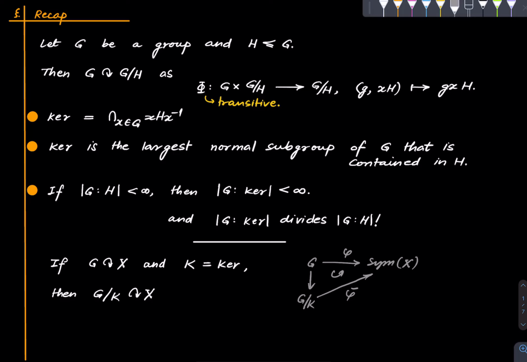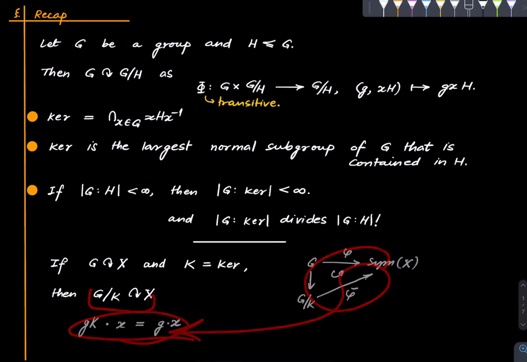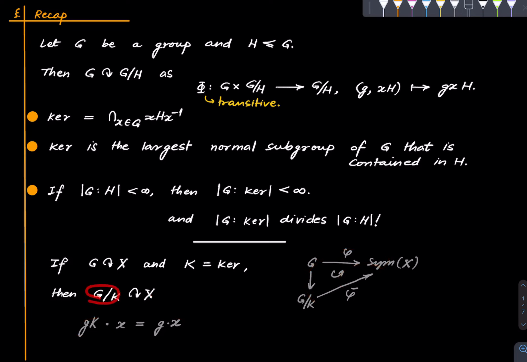So we get an action of G mod K on X, and if we want to write it from the other perspective, gK dot x is nothing but g dot x. So there's a natural action of the quotient group on the set that we were acting on.